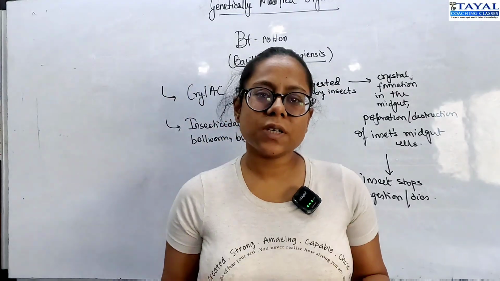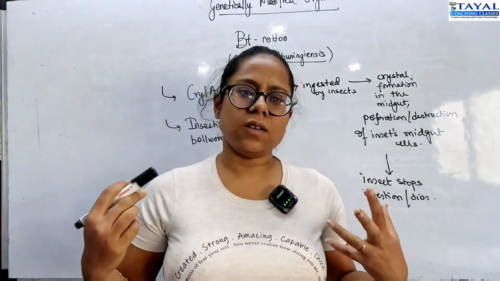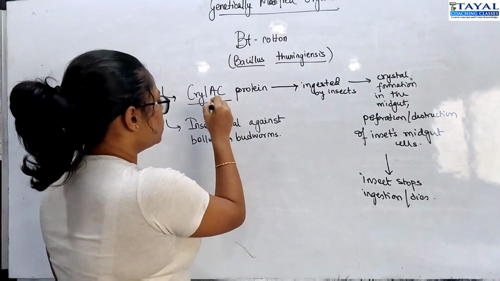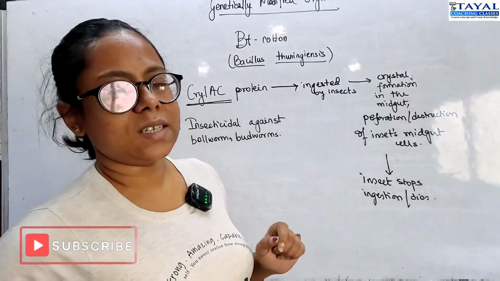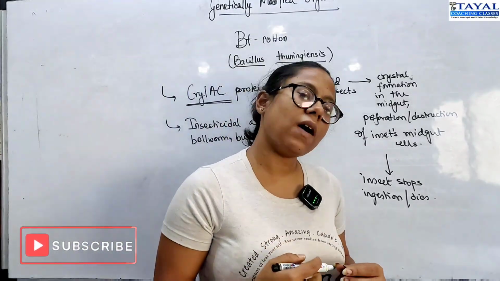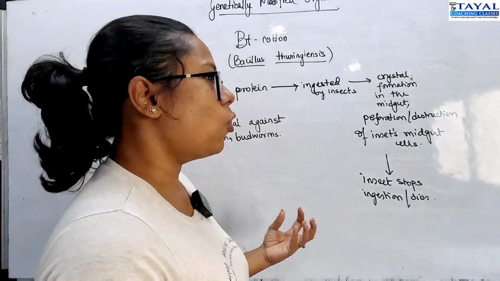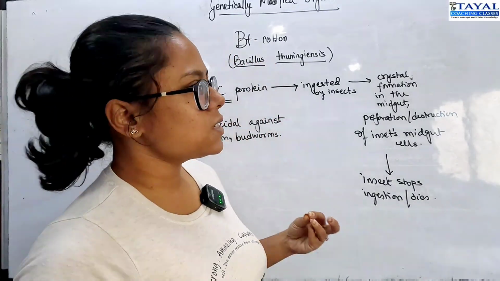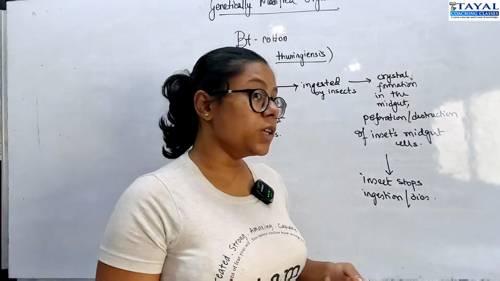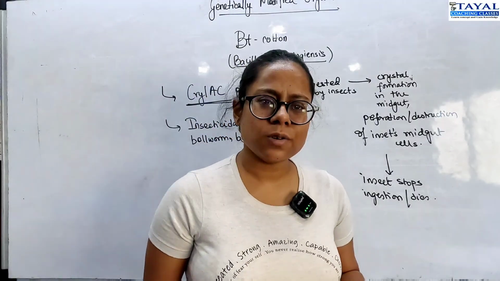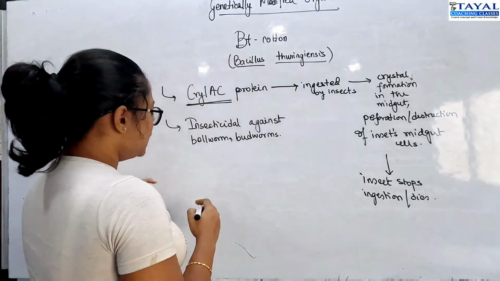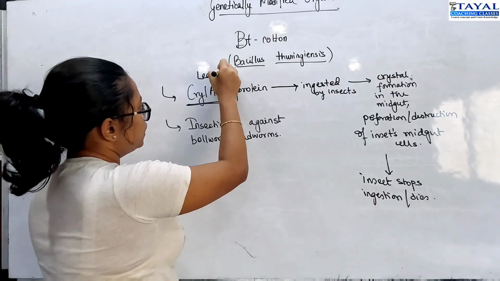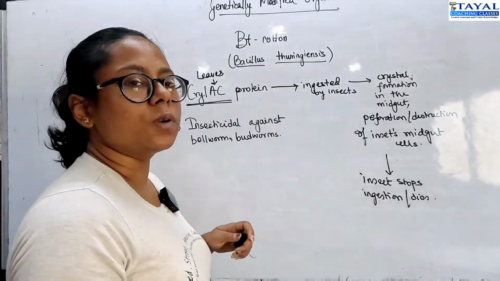Right? So this particular phenomenon was noted by scientists, and what they did was they took this particular gene and inserted it into multiple commercially viable plants which have a lot of pest problem. They inserted it into tobacco, into brinjal, into cotton, into tomato, and what happened is that the leaves of these plants started expressing this protein.